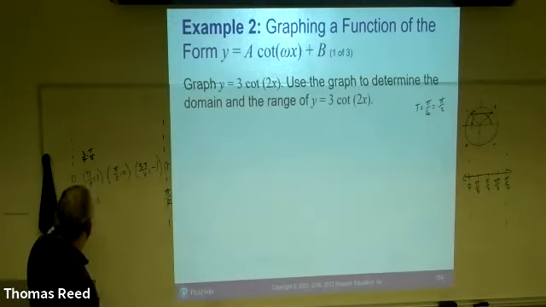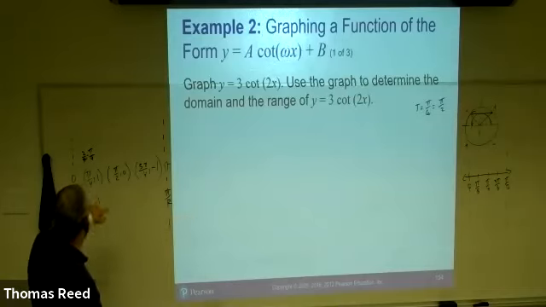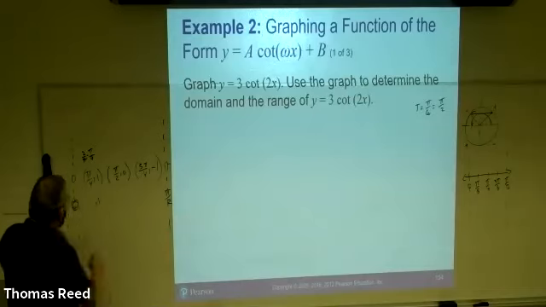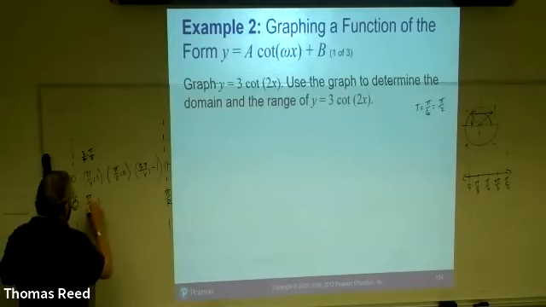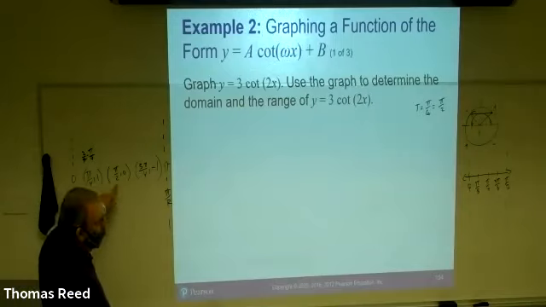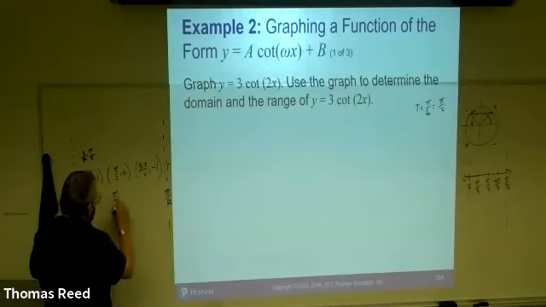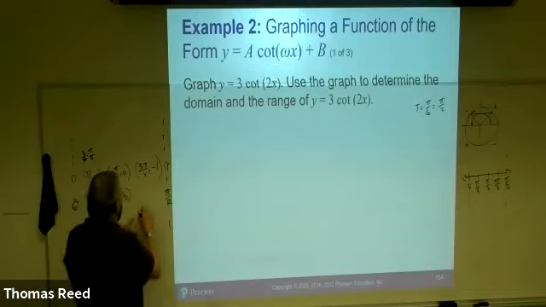And instead of being pi over 4, now it's pi over 8. And instead of being half a pi, now it's a fourth of pi. So I haven't done anything to the y values yet.